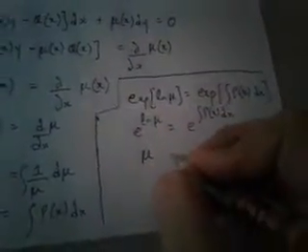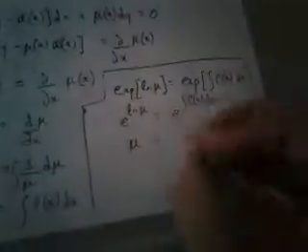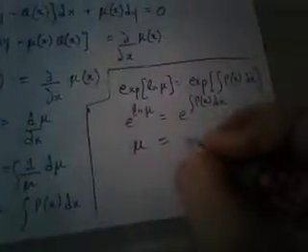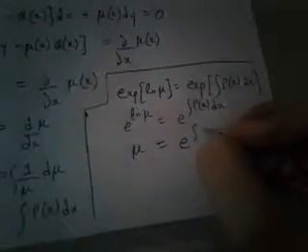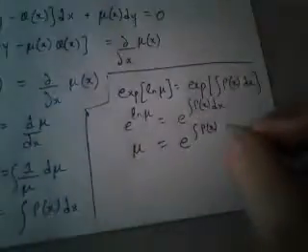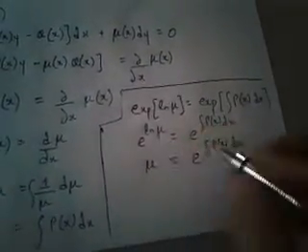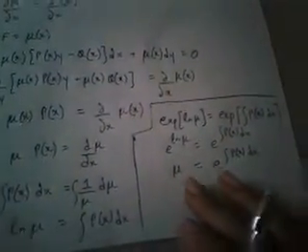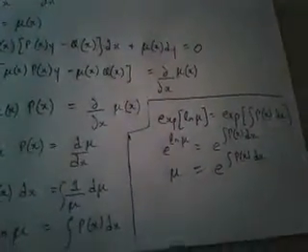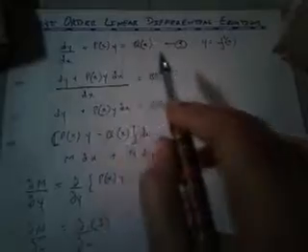So mu is basically your integrating factor, as we have discussed already. This is your mu. We have just obtained it this way. Once we obtain this integrating factor, we are going to multiply it with our equation number 1.